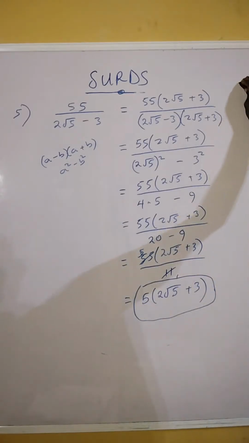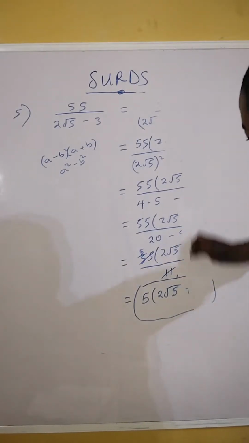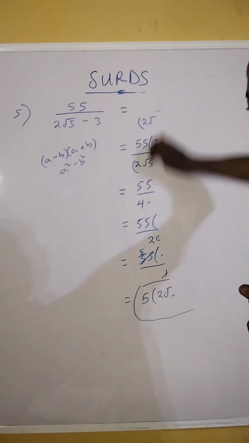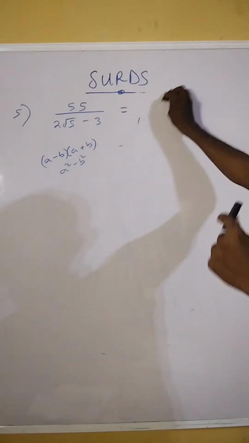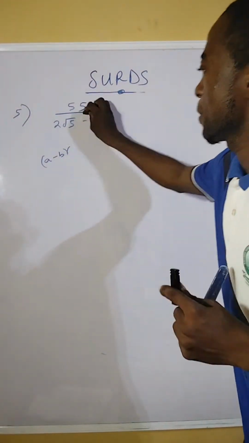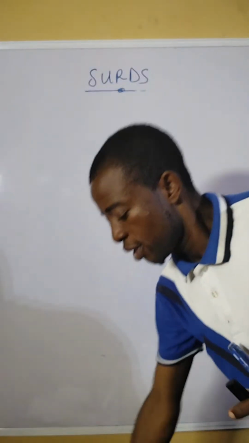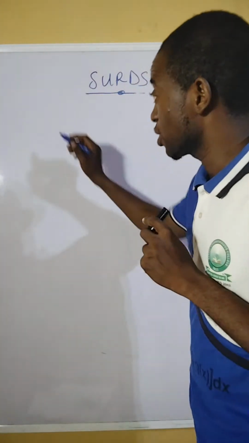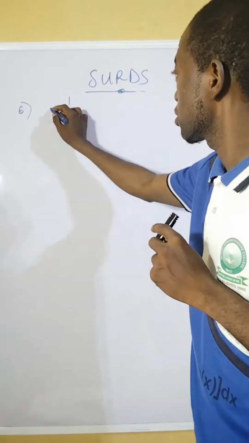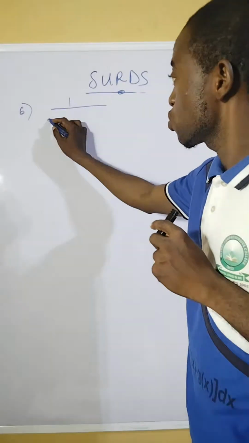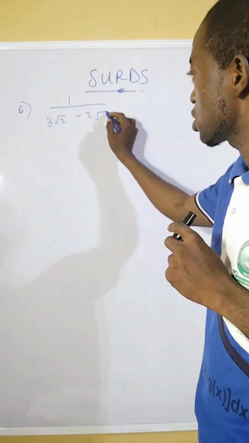Let's look at another one here as number 6. And here also we have to simplify 1 divided by 3 root 2 minus 2 root 3.